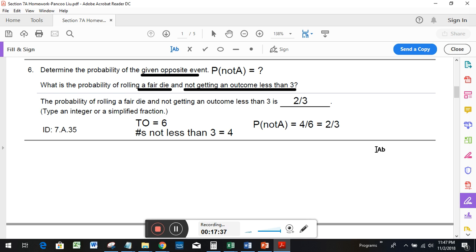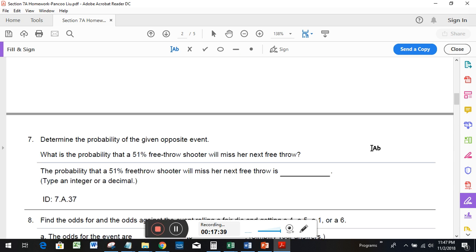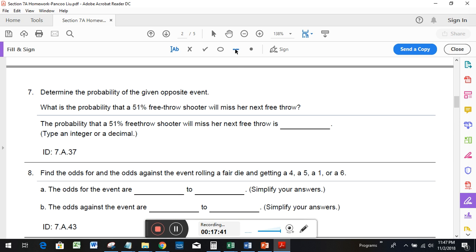Okay, let's take a look at number 7. Number 7 here says determine the probability given the opposite event. So it's another example of solving for P naught of A. In this case, they say, what is the probability that a 51% free throw shooter will miss their next free throw?